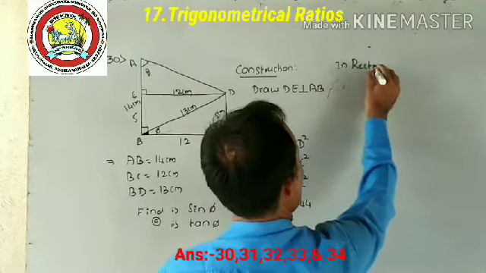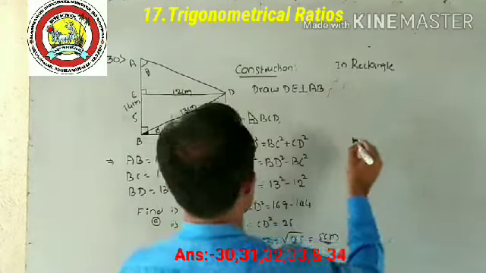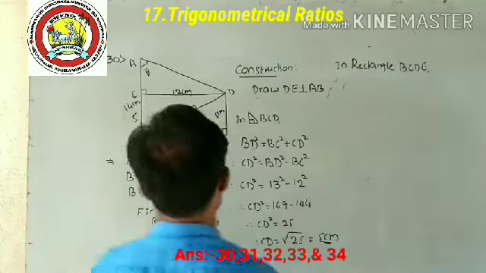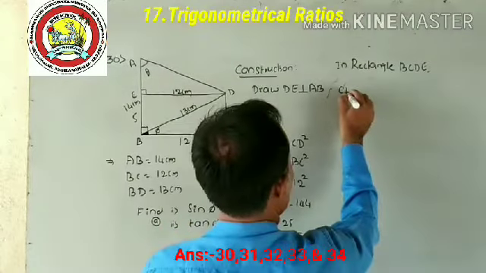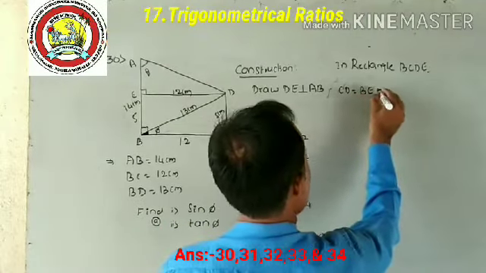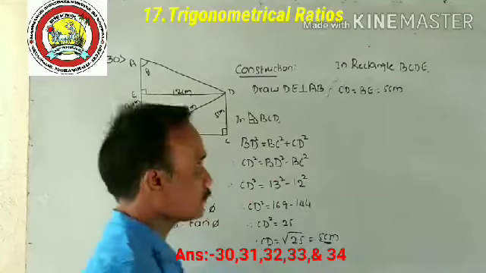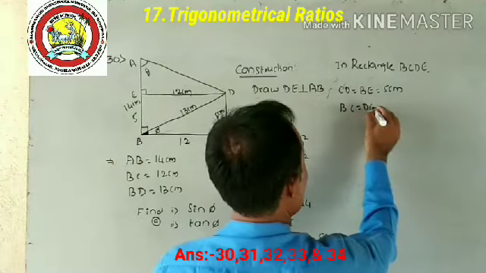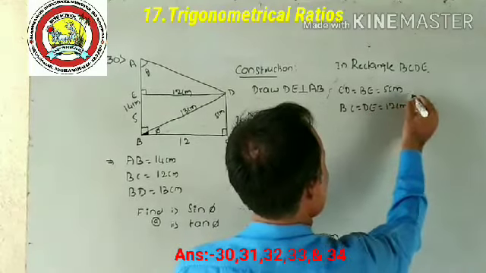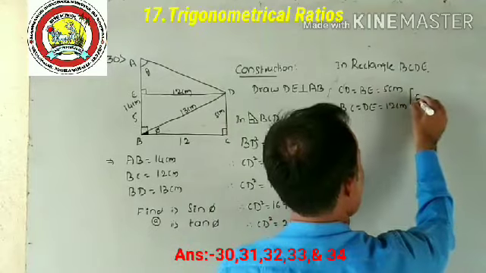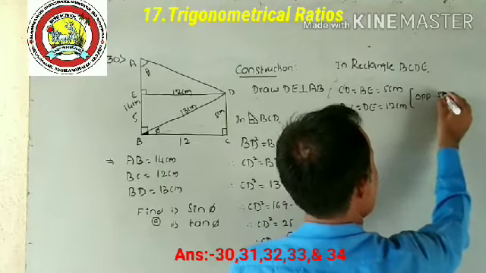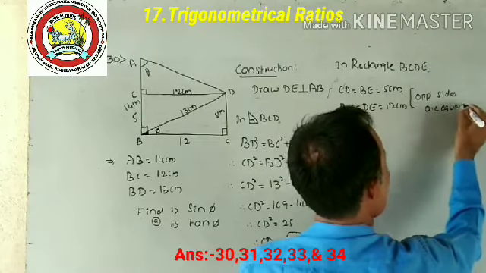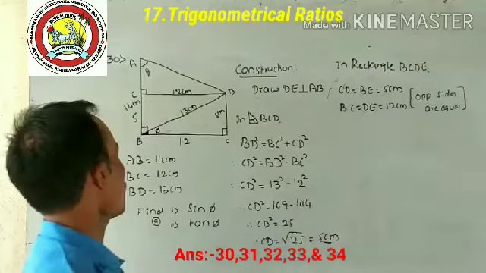In rectangle BCDE, CD is equal to BE is equal to 5 centimeters, and BC is equal to DE is equal to 12 centimeters. Reason: opposite sides are equal in a rectangle.